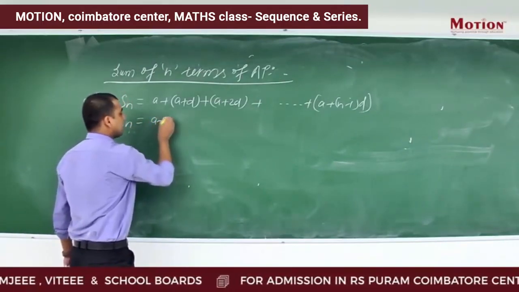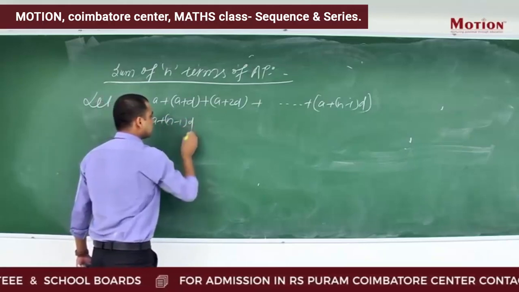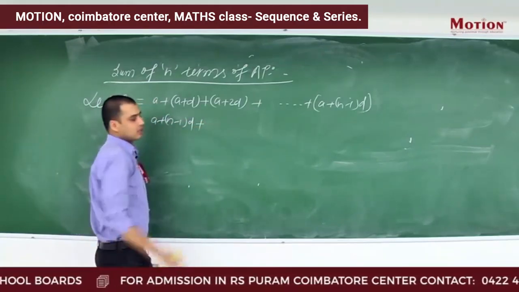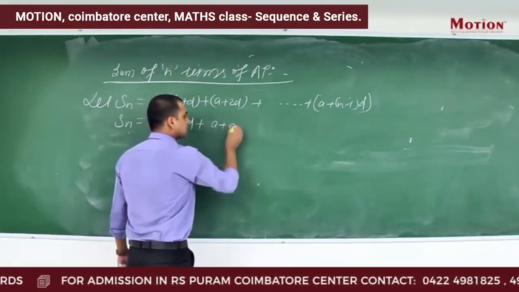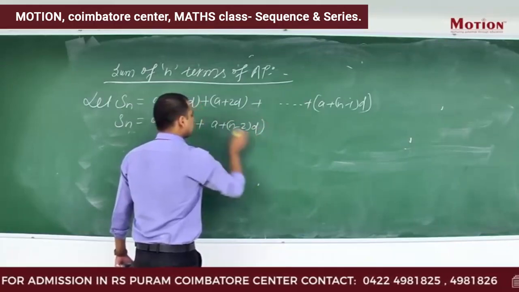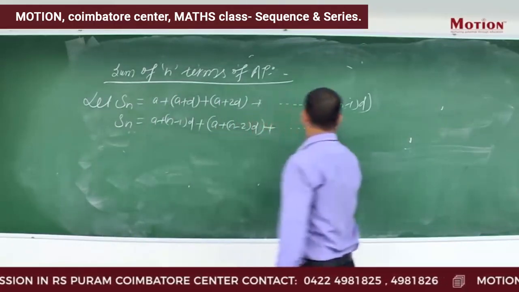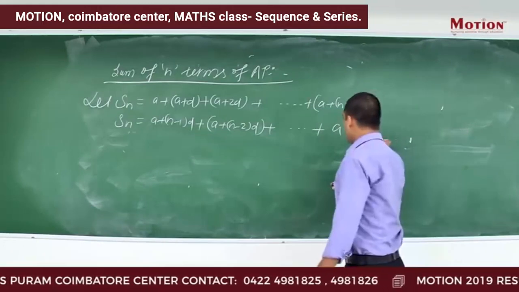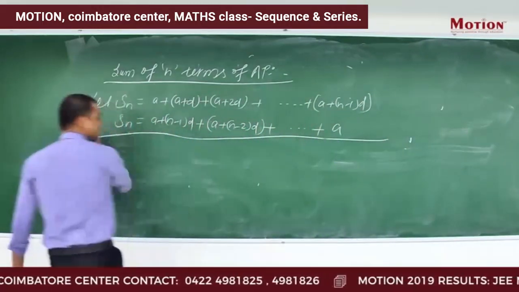A plus n minus 1 into D, plus the second last term, A plus n minus 2 into D, and after that the first term is A. So reverse all the terms here and add them.